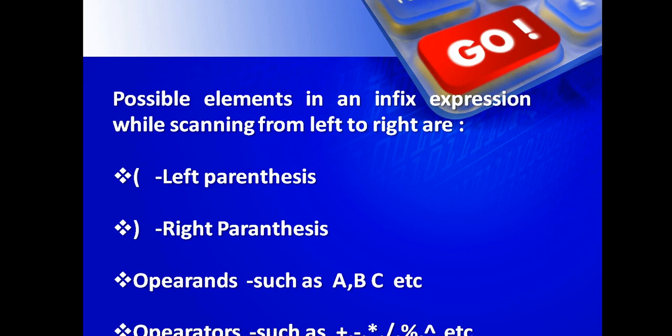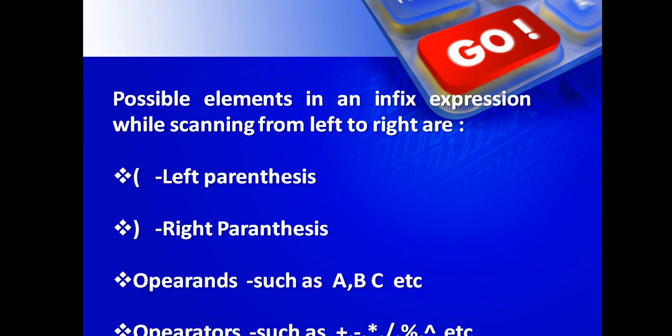Now we talk about converting an infix expression into a postfix expression, right? We need to scan from the first symbol to the last symbol in a given infix expression. When we scan from left to right, what are the possible symbols we may get in an infix expression?